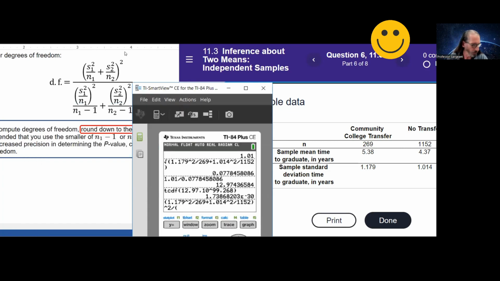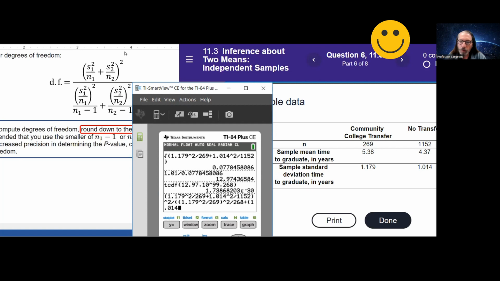So now we have S1 squared over N1, squared, all divided by N1 minus 1, so 268, plus, do that again for the second: 1.014 squared divided by N2, which was 1152, close that and square it, and divide by 1 less than the sample size there.